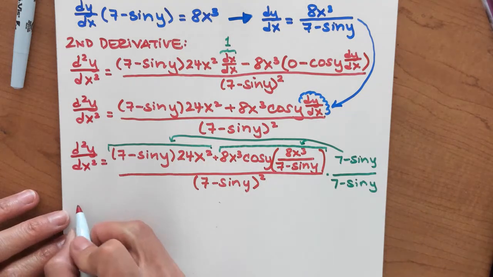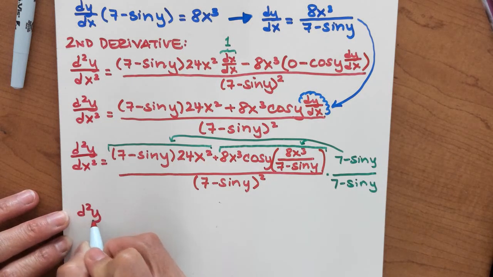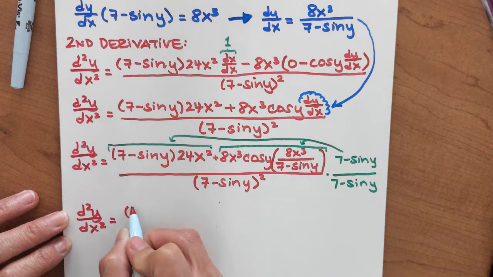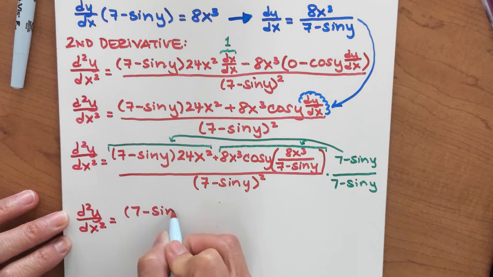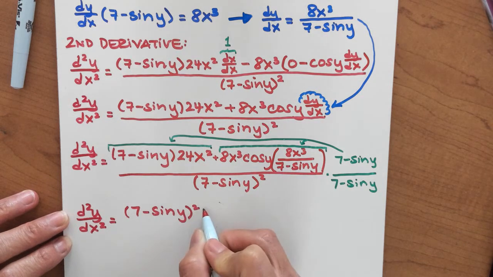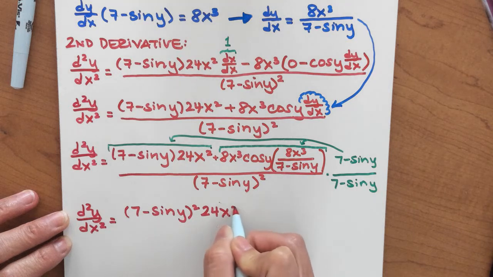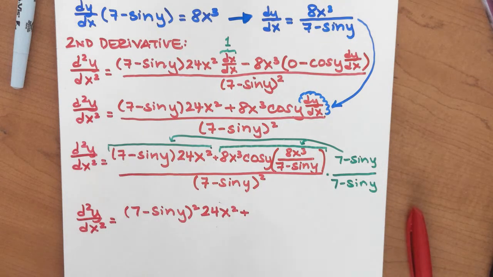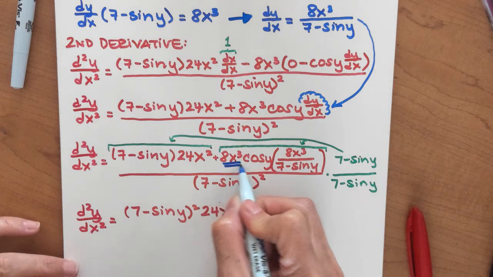So, lastly, my second derivative is going to be 7 minus sine y squared times 24x squared, plus I'm going to combine my 8x cubes.